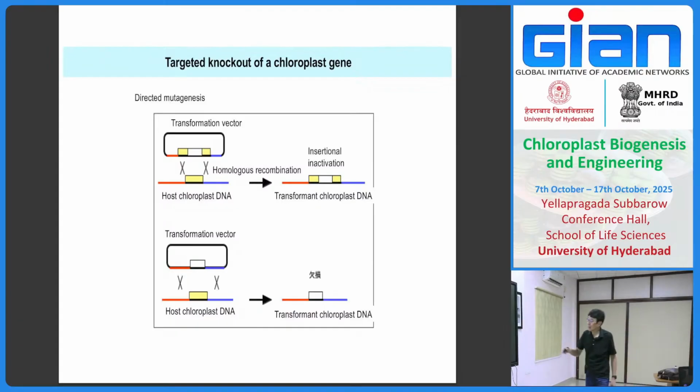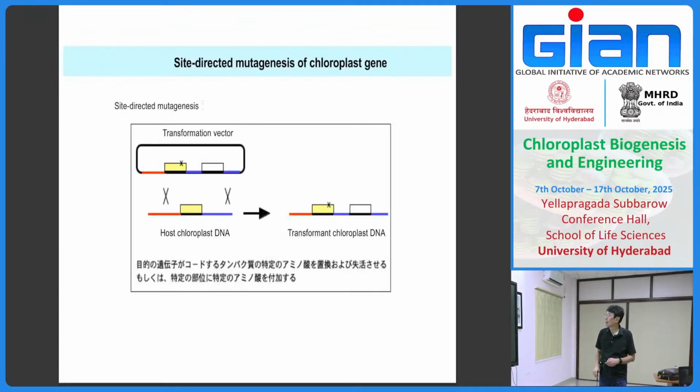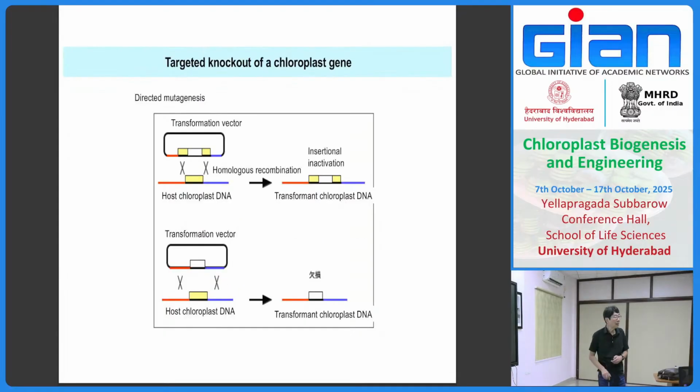After deletion, you insert the aadA cassette. Then between these homologous regions, recombination happens. This is a deletion mutant, but it contains the aadA cassette. Otherwise, this does not occur completely. This is mainly how you can knock out a chloroplast gene.